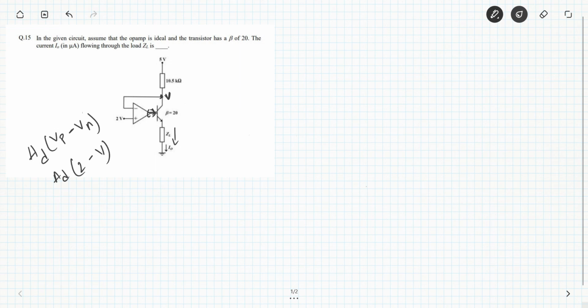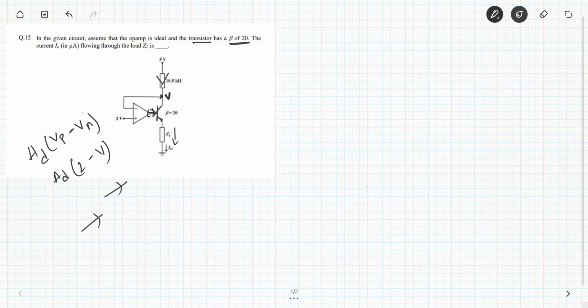If it increases, the BJT's base voltage increases, and hence the current through the base increases. When the base current increases, by the basic operation of a BJT, the collector current also will increase. Assuming they have given the transistor to be ideal, and we are also given beta, we can infer that the BJT is operating in the linear region, that is, as an amplifier.